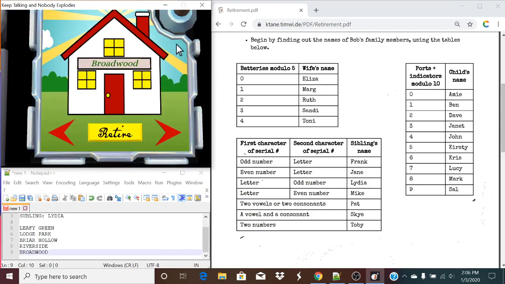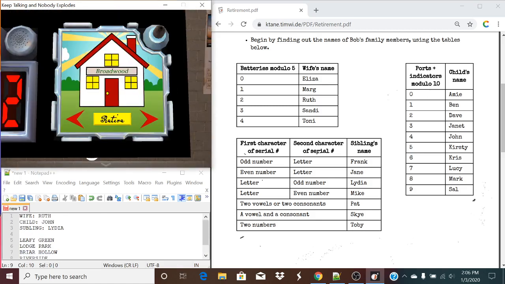Okay, let's calculate. I'm gonna do a little bit of a different tactic this time. Usually you can calculate it based off the wife's value first. So, for Leafy Green, there is 1 R, so that's a 3. No uniforms, no tangos, and no hotels. That's it.